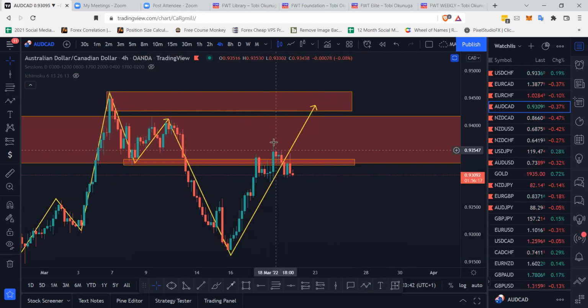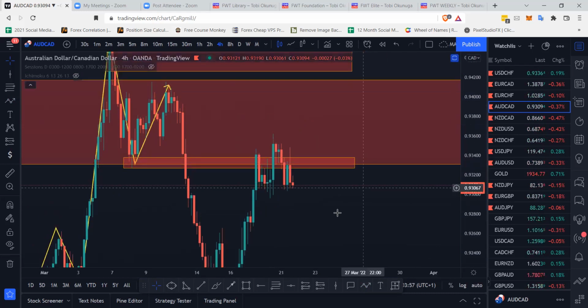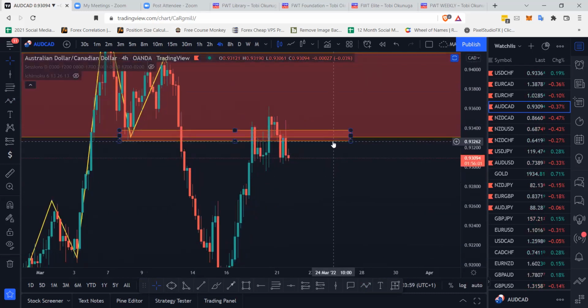But price is still here. Can we look for an uptrend here that we use to follow price into this zone? Okay, let's find out. We can even use this zone here. Let me erase this real quick.